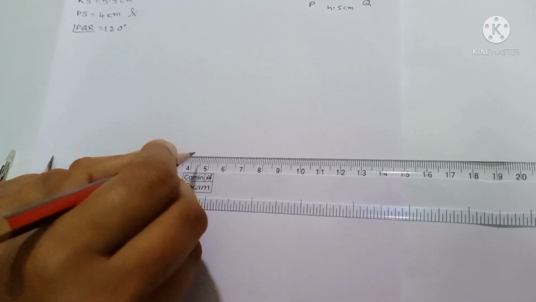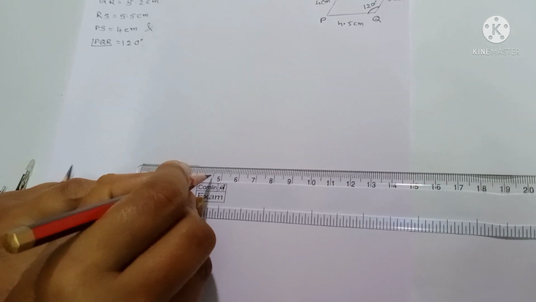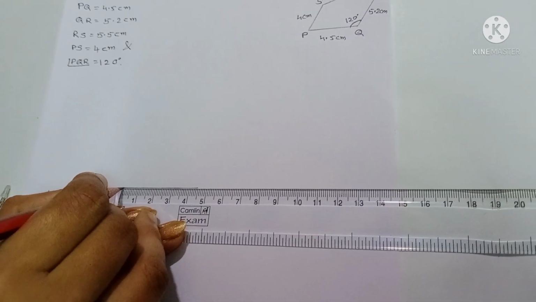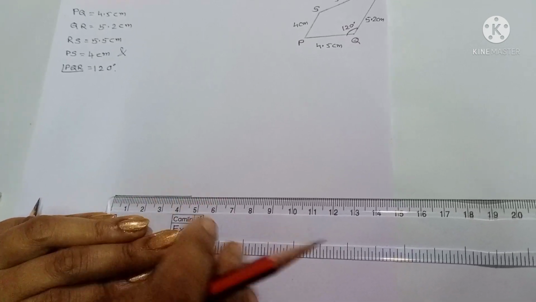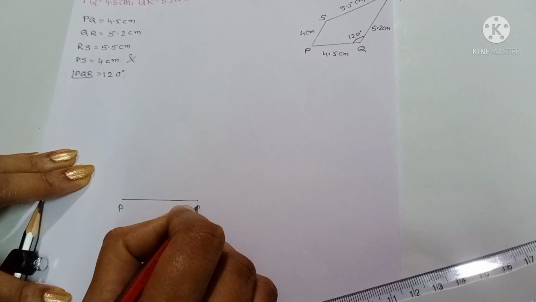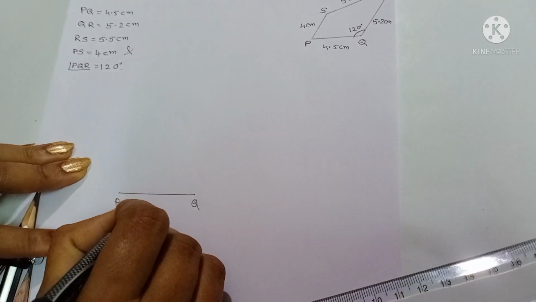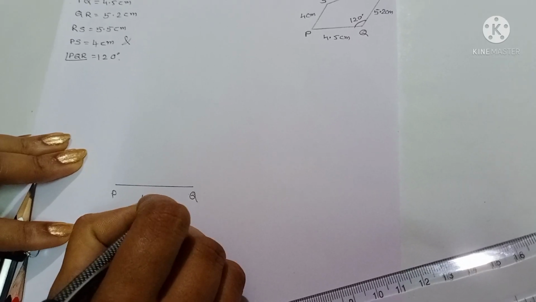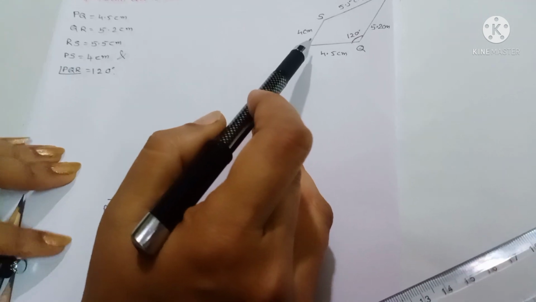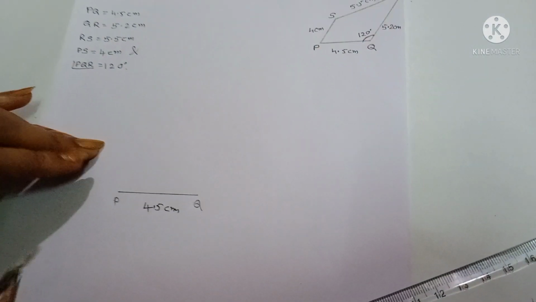PQ, 0 to 4 point. This is 4. This is 5. Between 4 and 5, the mid value is 4.5. This is the line segment PQ. Mark PQ, 4.5 centimeters. Next, we draw angle PQR is equal to 120 degrees.